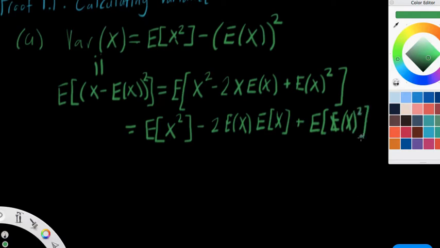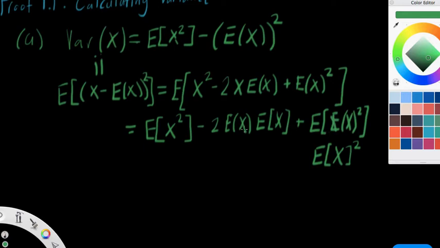So actually, notice that the expected value of X squared is actually just some real number, and the expected value of a real number is just the number. So this term we can actually write as just the number that it is, expected value of X squared, which is just what's within this expected value here.